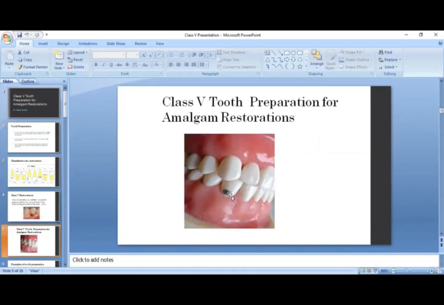So this also shows the location of the class 5 cavity. Again, it is very close to the gingival part. It is not away from the gingival. On that tooth structure, this is the location of the class 5.